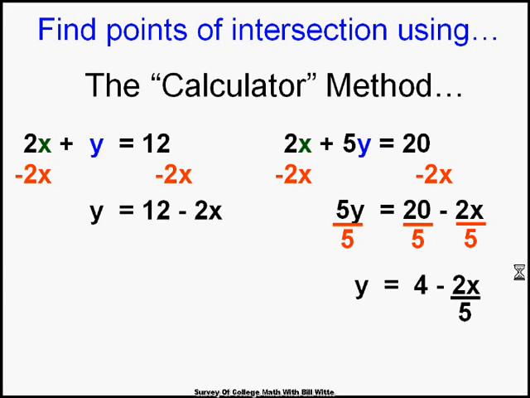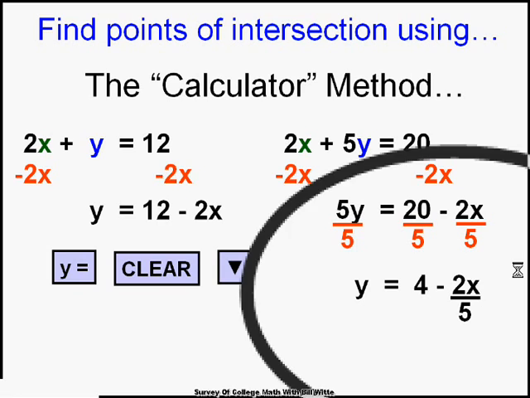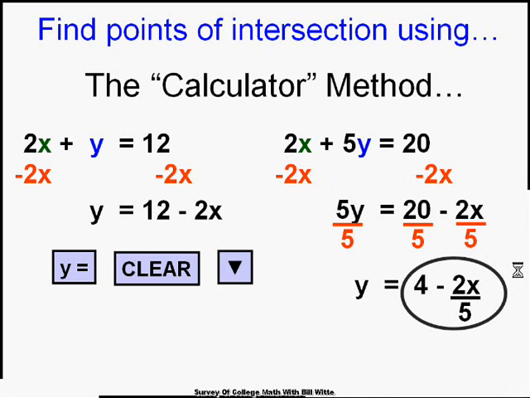Okay. Now, if I take my calculator, turn it on, I hit y equals, clear out anything that's there, and type the first equation, 12 minus 2x. Okay, don't graph yet, because we still have to put the other one in. Cursor down to the y2, and put in the second one. y2 equals 4 minus 2x divided by 5.